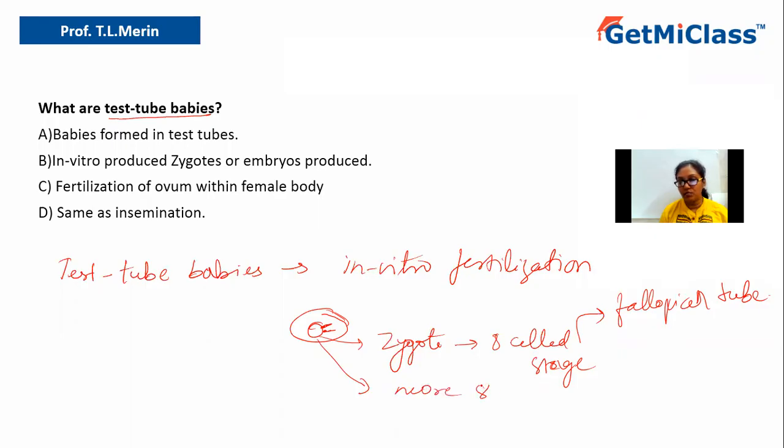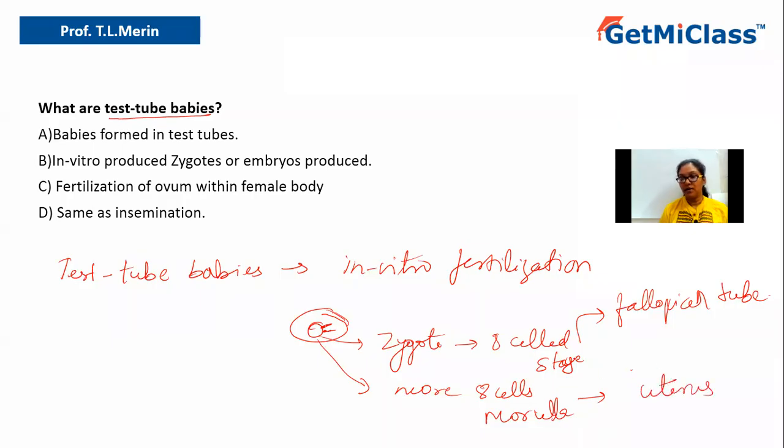If the zygote has undergone further division and has become more than 8 cells, then it will enter the morula stage. 8 to 16 stage, we call it the morula stage. At this stage, it will be transferred in the uterus.